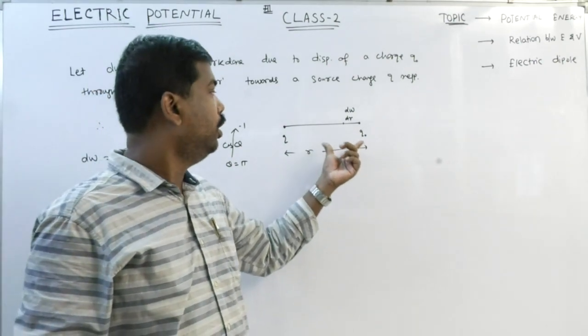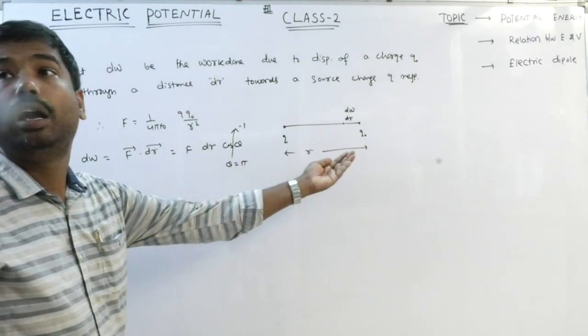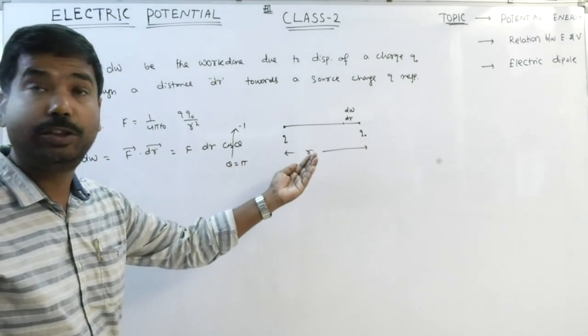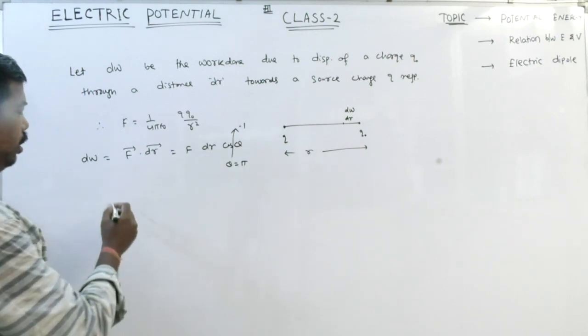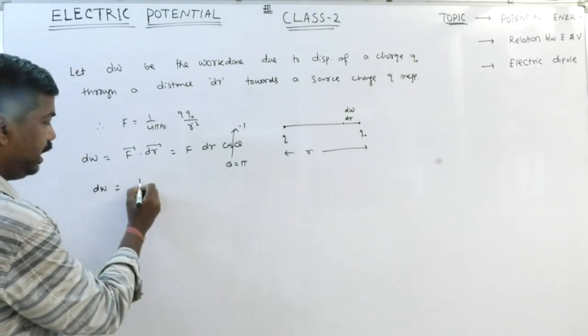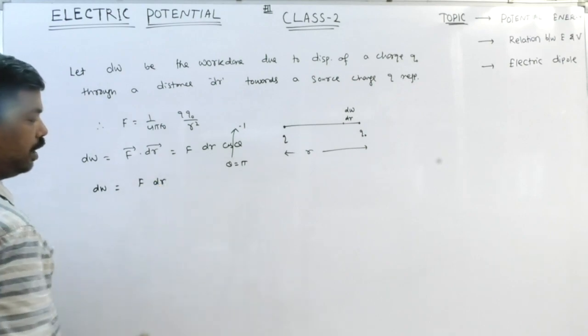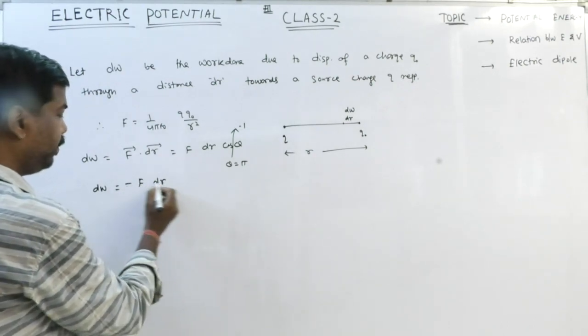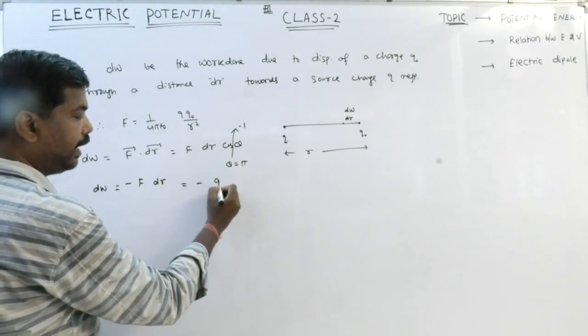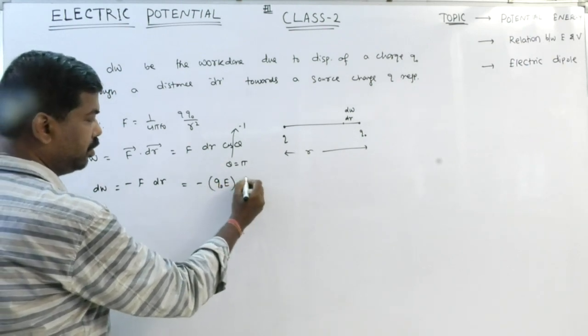Clear? So against the electrostatic force, some work is done. That's why theta is pi and cos theta is -1. Hence, dW is equal to F dr minus F dr. Instead of F, I can write Q0E.